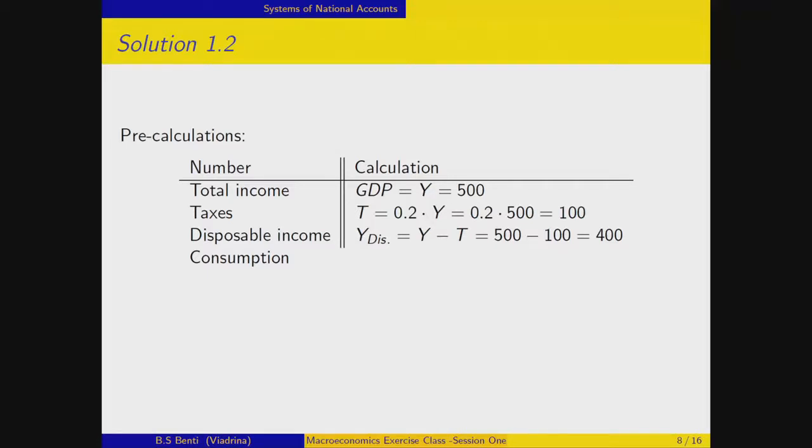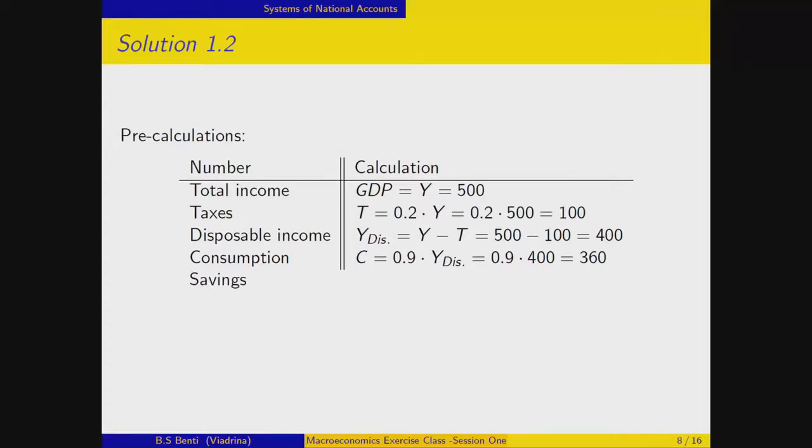The next item is consumption. We have already said that 90% of the disposable income is to be consumed by the consumers. So we have a disposable income of 400 euros. When we take 90% of the 400 euros, we get 360 euros, which is the income consumed. If the consumer is willing to consume 360 euros out of 400, what would the consumer do with the remaining 40 euros?